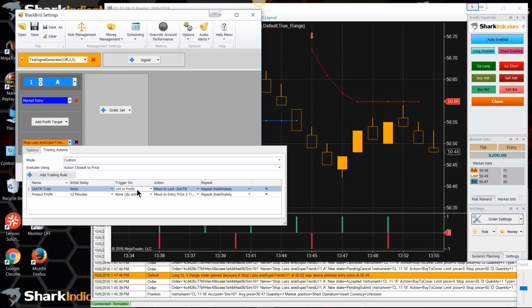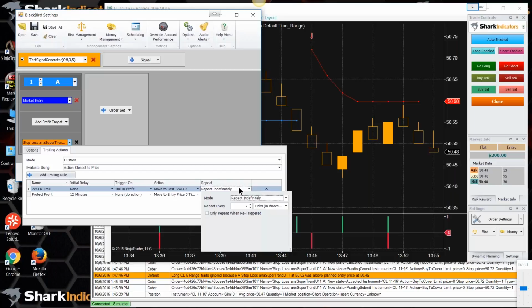And once this trigger is triggered, the action will continue to execute based on what the repeat is set to. Right now, once the trigger has occurred, the action will always repeat, based on what I've got set here. It's going to repeat every 2 ticks, as I showed.